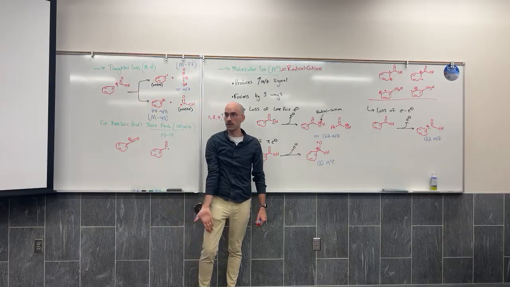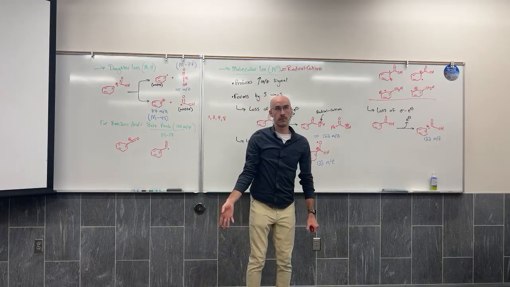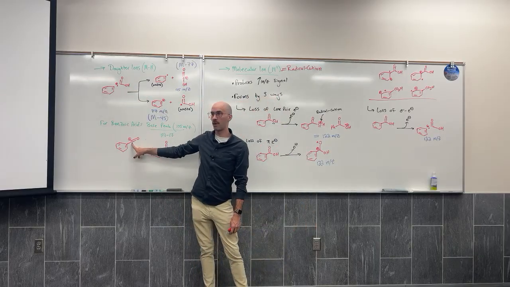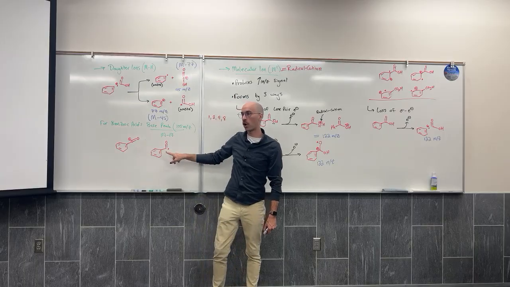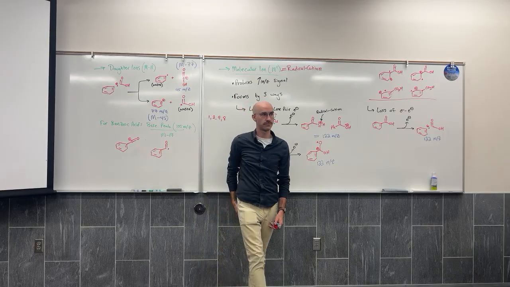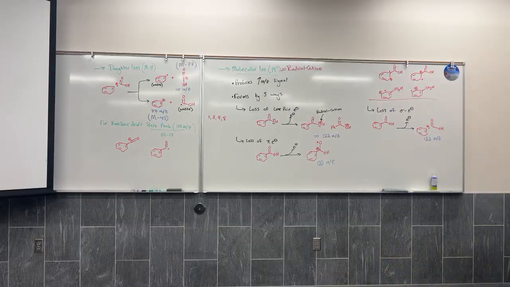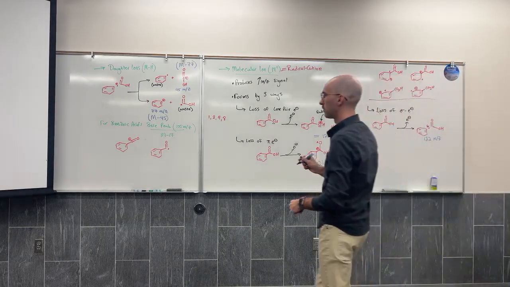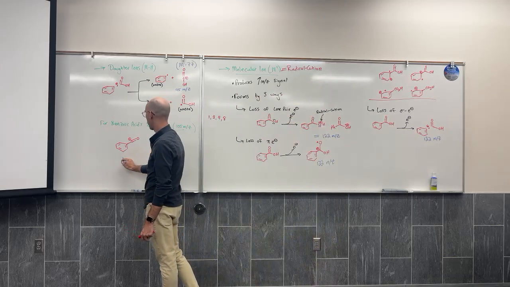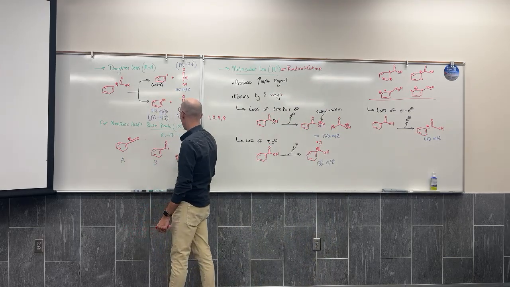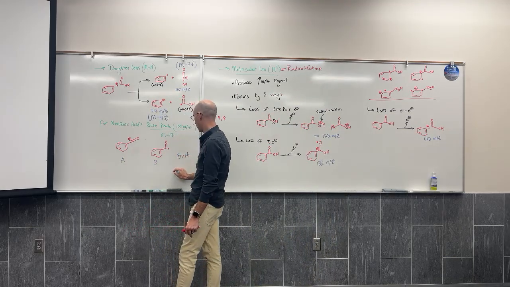I've cleaved the OH group, which means the carbonyl can either take the positive charge or the carbonyl can take the radical. Which of these structures produces the base peak signal? A, B, both, or neither?